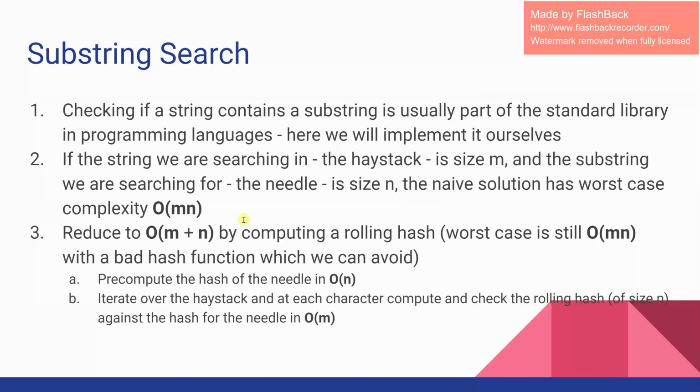And then a rolling hash, basically a hash in which we only have to compute the parts of the hash at each character that we check, can be used to compare the current part of the string that we're looking at with the needle, and that is an O(1) check because the hash doesn't have to be computed all at once, since it's a rolling hash.